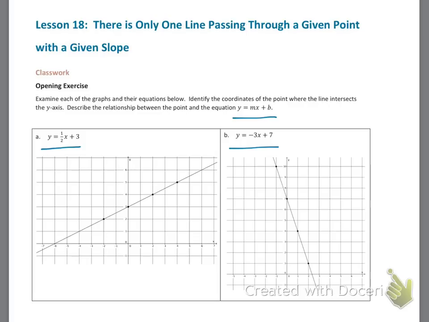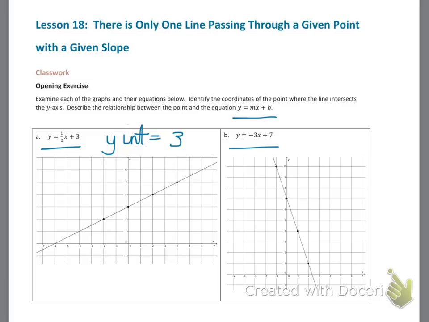Okay, so for graph A, if I look at the line here, I can see the y-axis right here. Here's where the line crosses it, and it is at the value positive 3. So I could say the y-intercept equals 3. Okay, look at the next one.